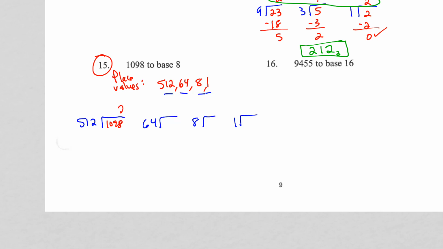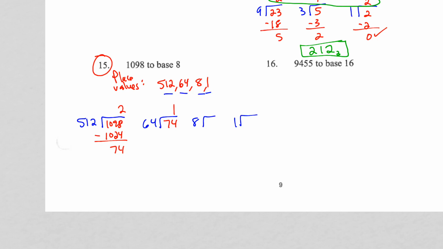We can do 2 groups. So 2 times 512 would be 1,024. Subtract, we're going to get 74. How many groups of 64 can I get out of those 74 that are left?